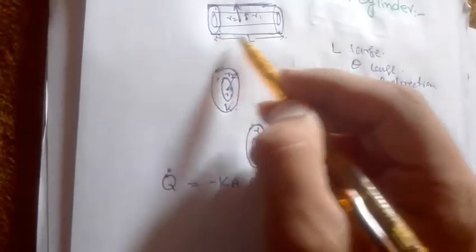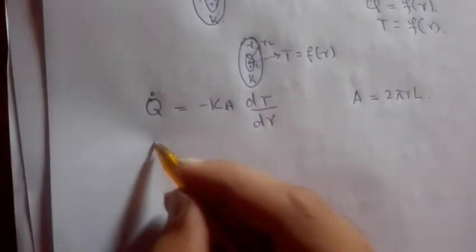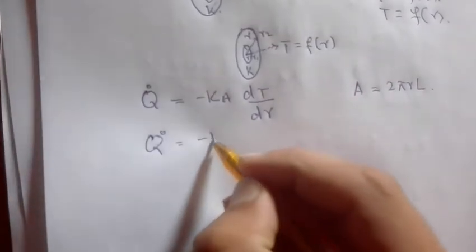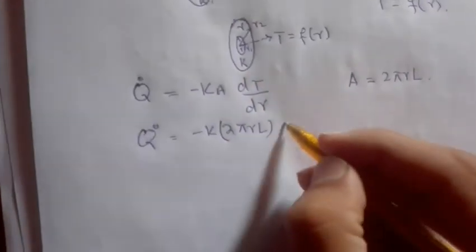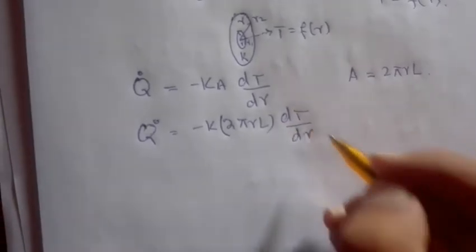So we can write Q equal to minus K 2 pi r L into dT by dr.